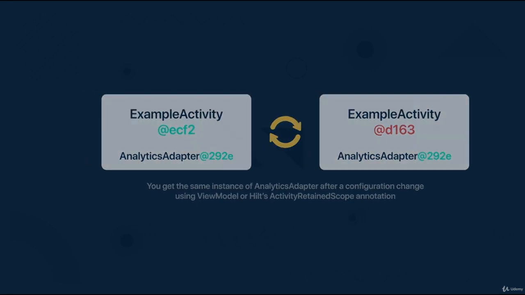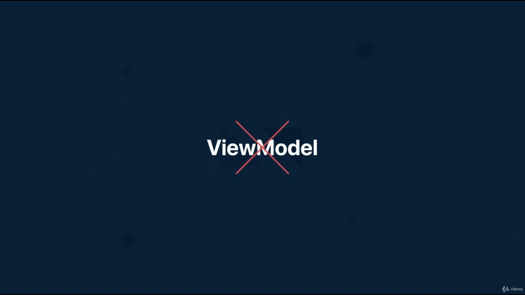That example was without a view model class, but if you still want to keep a view model because you need to perform some logic, then you can use Hilt to provide view model dependencies using the view model inject annotation.